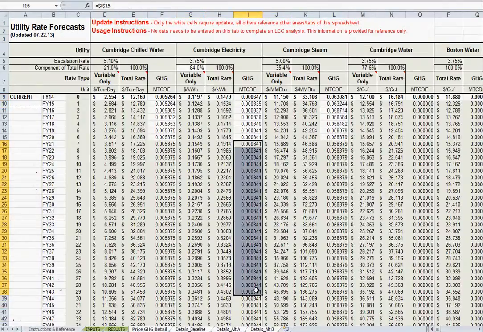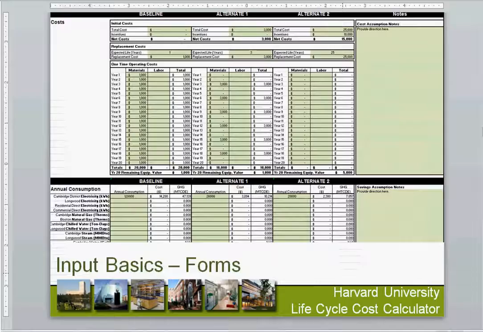The gray cells are the ones that would be automatically carried forward using the escalation rates. So that's that. Now, back to this. Broadly, we're looking at costs: initial costs, replacement costs, one-time operating costs, and then consumption. If you have those pieces of information, you have what you need to complete this calculator.